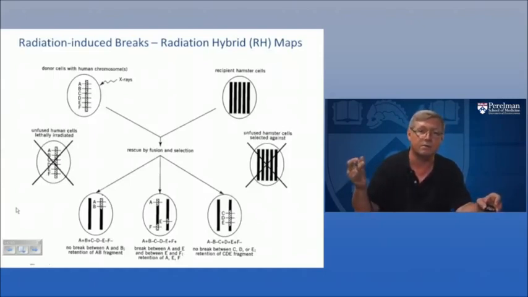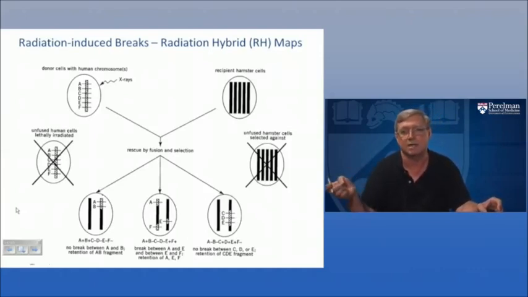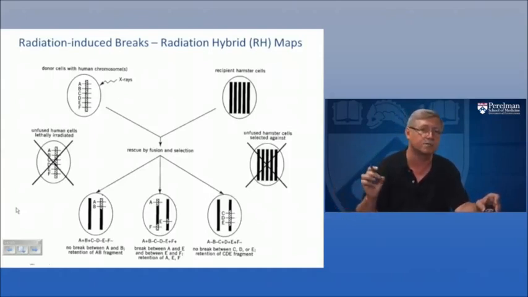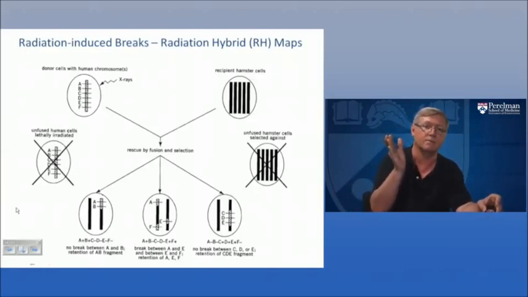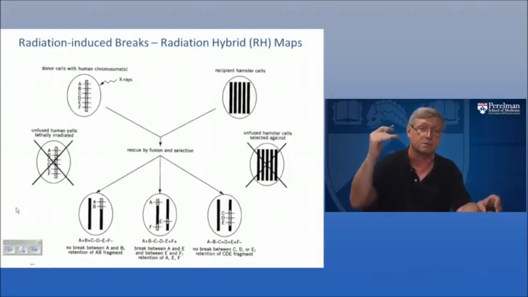If they're farther apart, they'll be randomly distributed amongst the different recovered fragments. Using the same principles as the genetic linkage map, you can deduce which pairs of markers are very close together, and by looking at overlapping sets of RH fragments and RH markers, you can construct an entire map of RH markers along the chromosome.